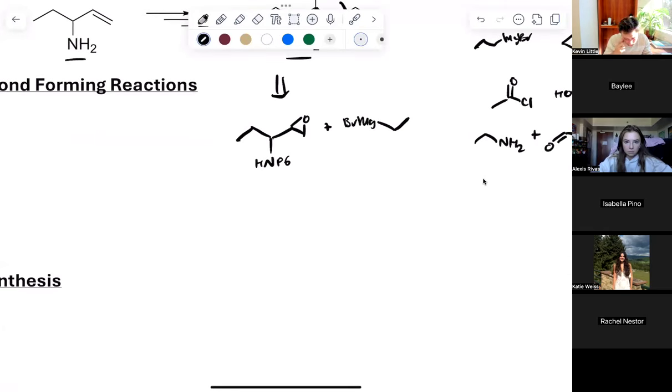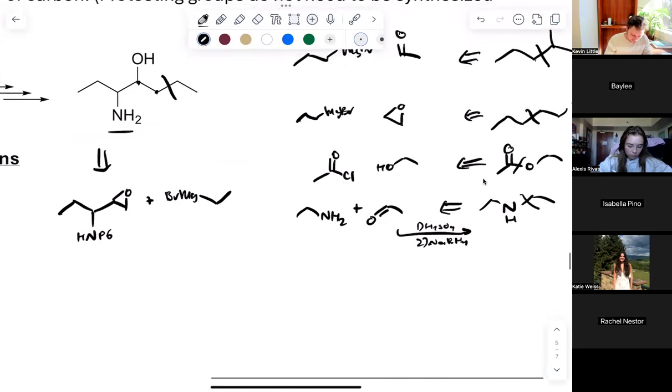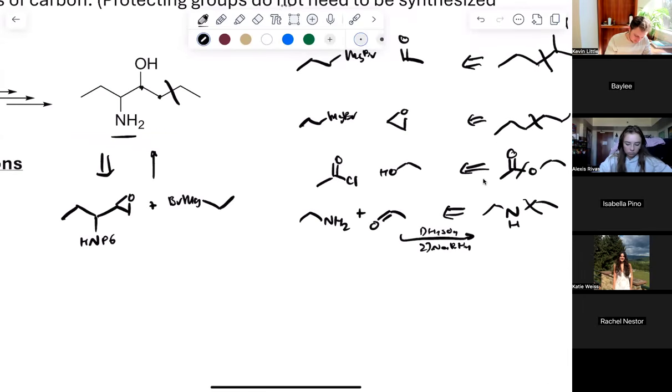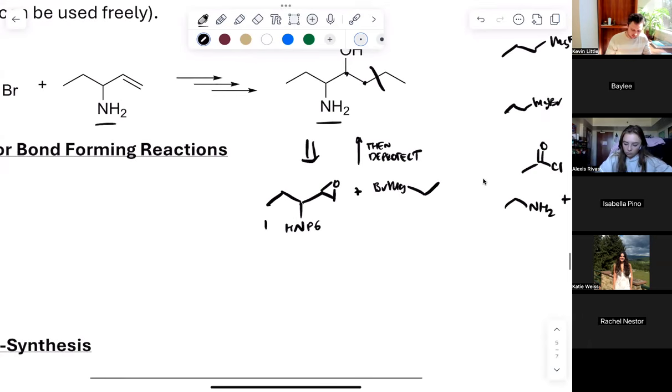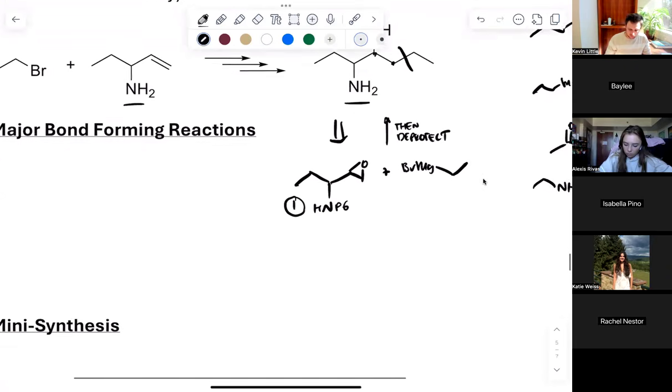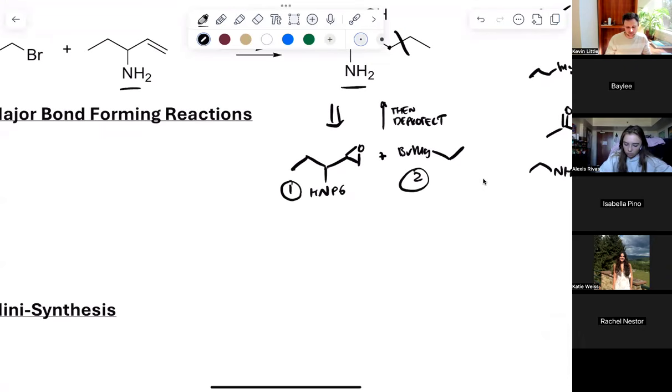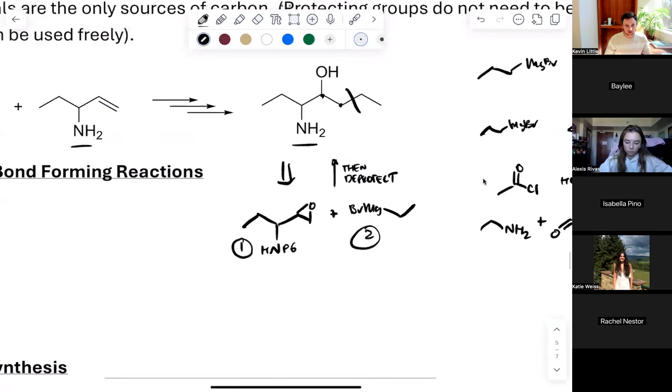And so I need to mention that I need to deprotect it. So I should talk about making 1 and making 2 in my mini synthesis. Because I've explained the major bond that I need to form.